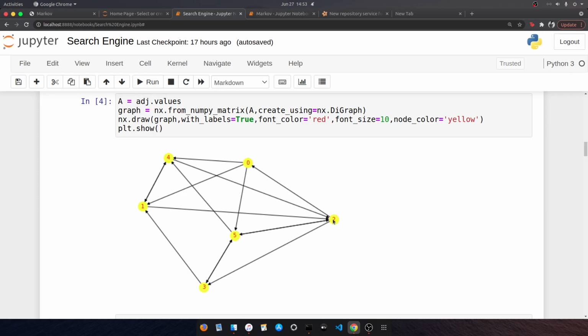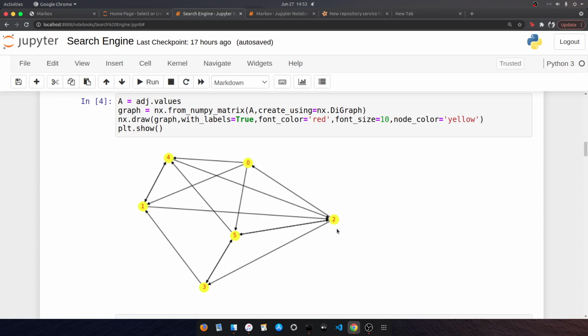Similarly, there is an arrow from 2 going to 5, meaning there is a link at page number 2 that when you click it, you will go to page number 5. And similarly, there is an arrow from 5 to 2, meaning page 5 contains a link to page number 2.